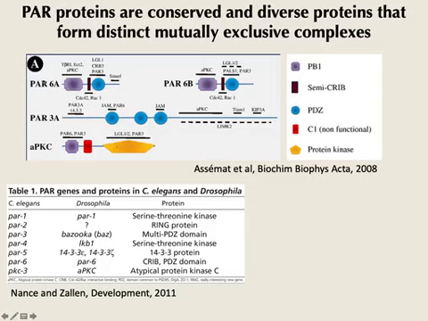For example, PAR6 here, you see, can bind PAR3, can bind aPKC. It's true for 6A and 6B. PAR3 can bind pretty much all of them. Well, it can bind itself, aPKC here and PAR6 here. And aPKC can also bind the PAR and has this kinase activity. So you have everything you need to have proteins interacting with each other and eventually providing kinase activity in the PAR complex.